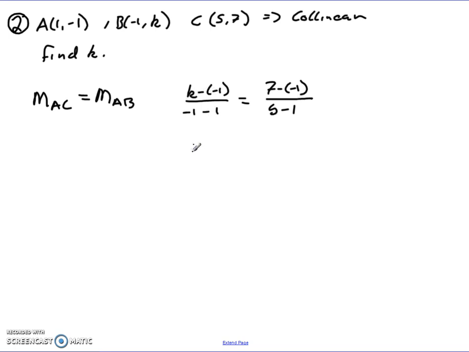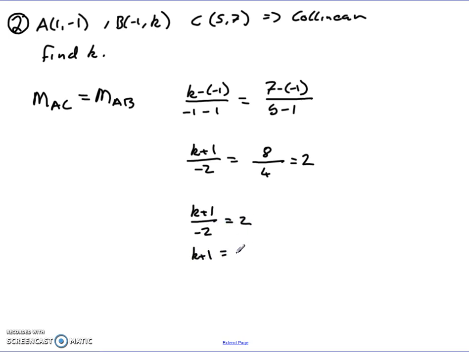K minus minus 1 gives you k plus 1 over minus 1 take away 1 is negative 2. 7 minus minus 1 is 8 over 5 minus 1 is 4. 8 over 4 is 2. So it allows me to set up a nice basic equation of k plus 1 over negative 2 is 2. Get rid of the bottom there by taking it up.